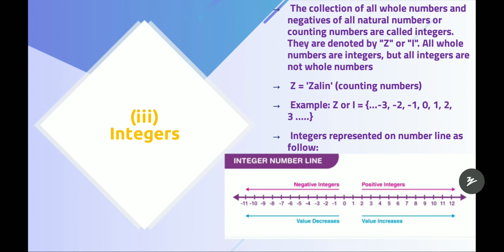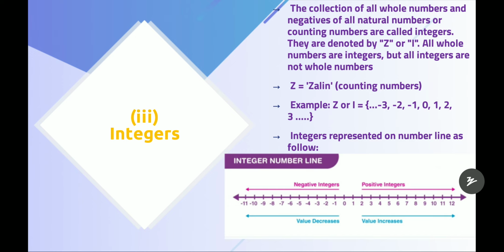So here we can see that when we look at the positive integers, as we go 1, 2, 3, 4, 5, 6 like that, the value increases. While as we go to -1, -2, -3, the value decreases because these are negative integers, right? If we have a question like whether 1 is greater or 2 is greater, we of course say 2 is greater, because here the value increases.